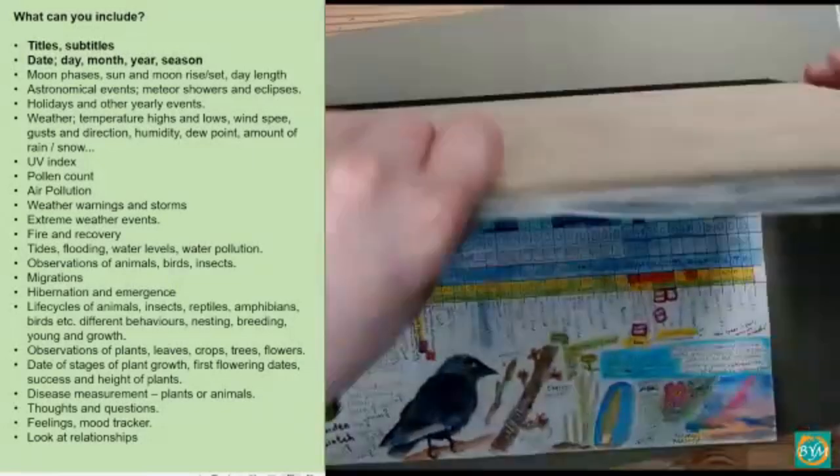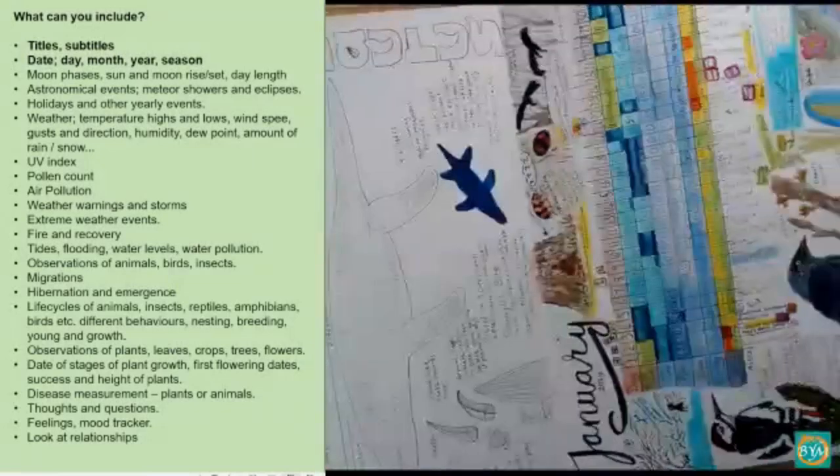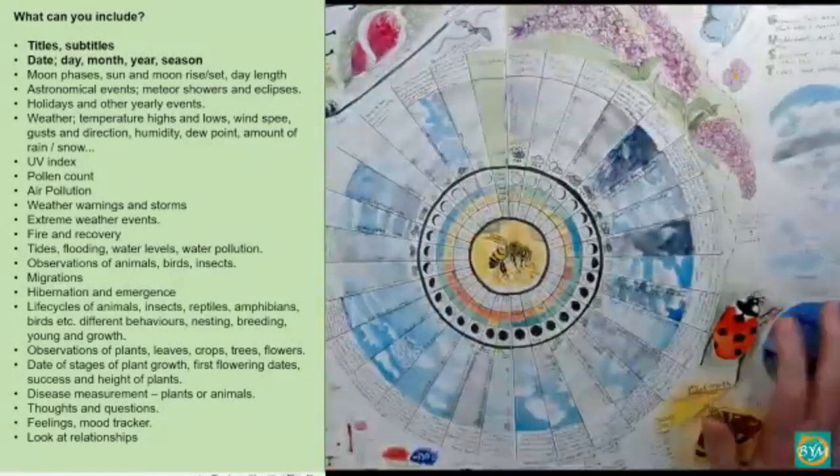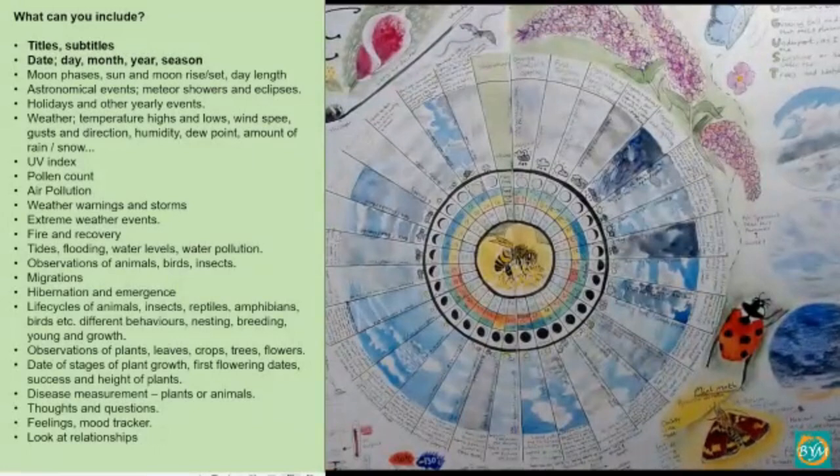Things also like if you do happen to live by the water, you might be recording tides, high tide, low tide, flooding information, water levels, even water pollution, if you happen to be able to collect that kind of data.